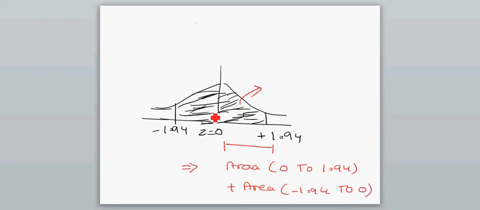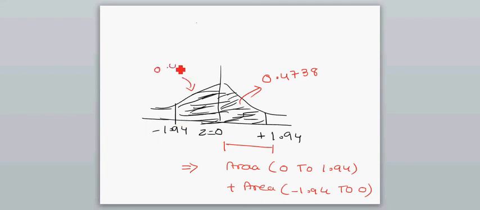So how do you get this area from the normal distribution table? 1.94 area is 0.4738. This area is 0.4738. You can check it with the normal distribution table, and these two areas will be equal because of the same ordinate 1.94.